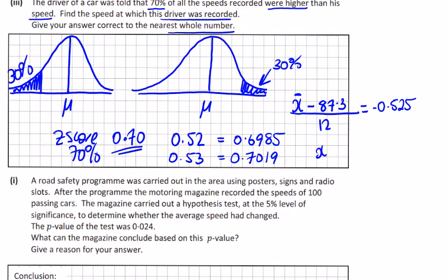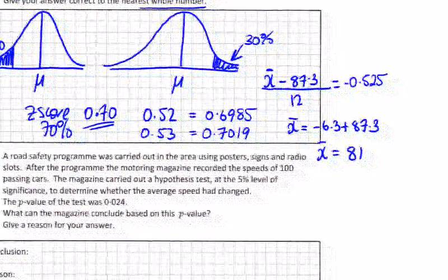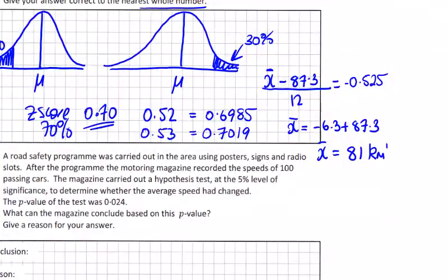So we get our test statistic is equal to 12 times minus 0.525, which is minus 6.3, plus the 87.3 is going to give me my score to be 81 exactly. Speeds of 81 kilometers an hour will be this driver. He's below the average.